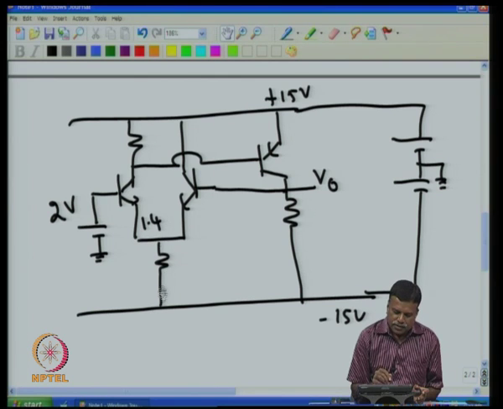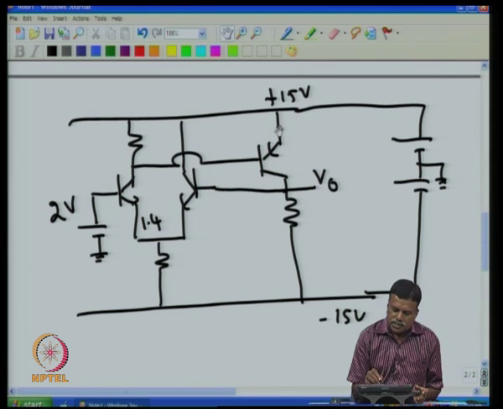Now, this current is partly coming from here and partly coming from here, but however, if I give 2 volt, this has to come to 1.4 and there is some current through this. If there is a current through this, there will be a voltage drop across this. Now, the voltage across this resistor is actually nothing but the base emitter voltage of this transistor.